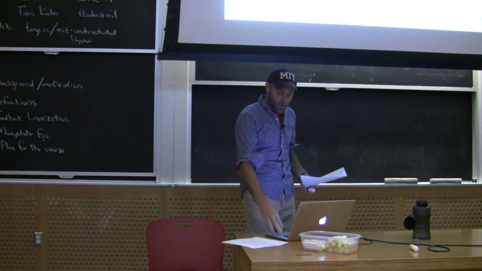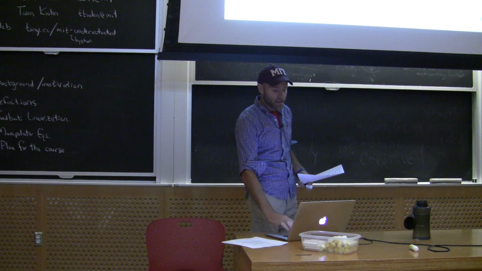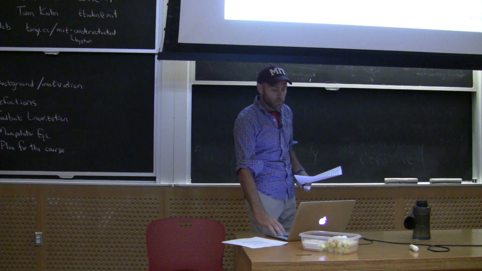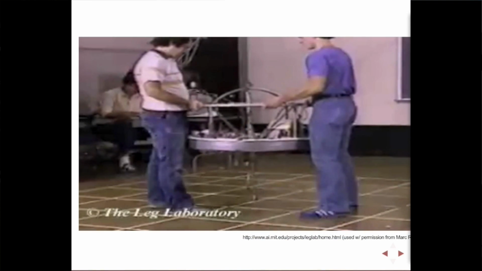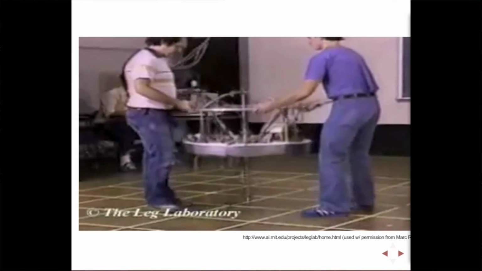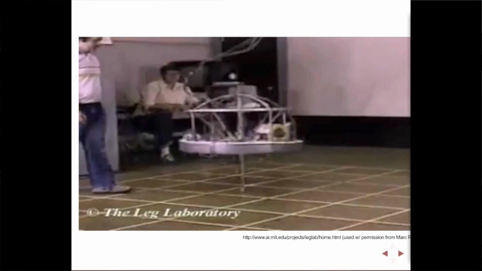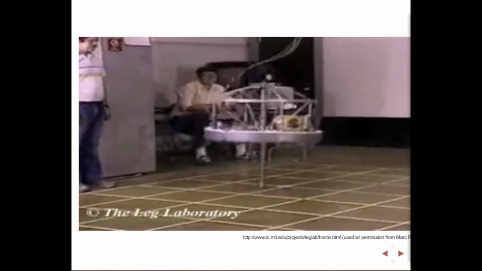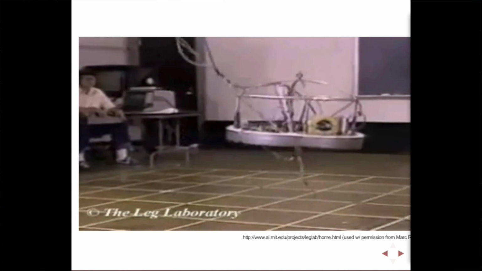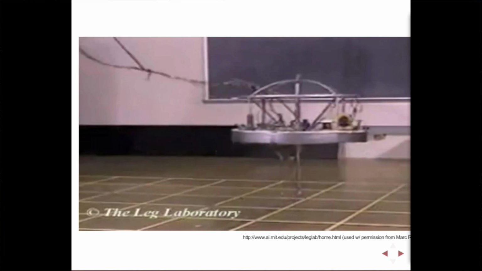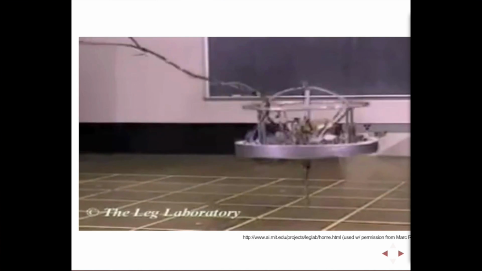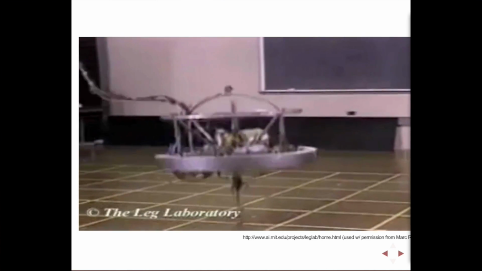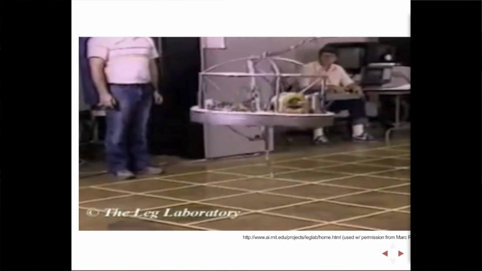But MIT has a great history in making dynamic robots, right? Part of that history is the robots built by Marc Raibert, done in the early 80s. He started making these pogo stick-like robots that were hopping around, at a time when most robots were moving in an extremely static way.